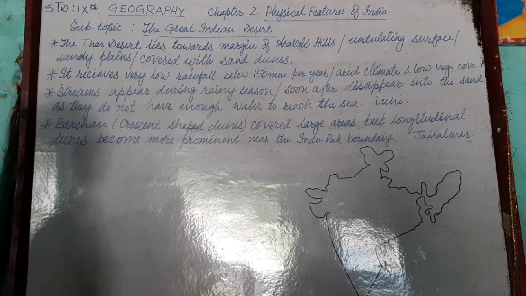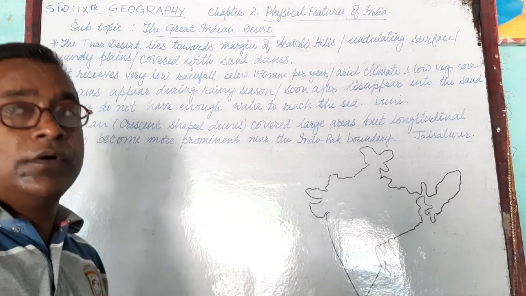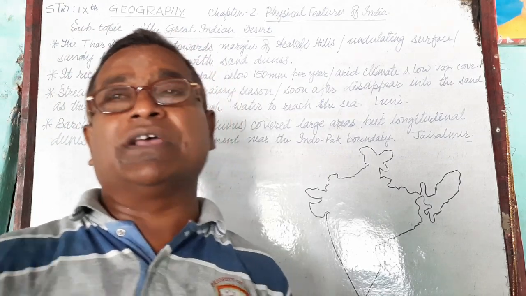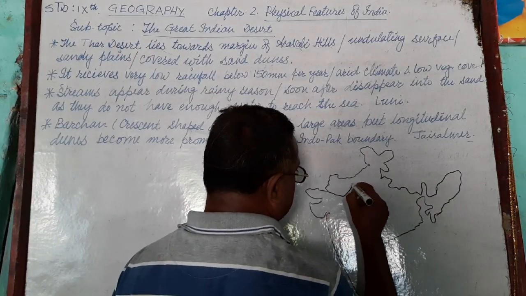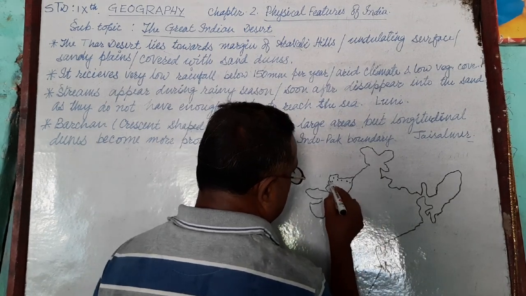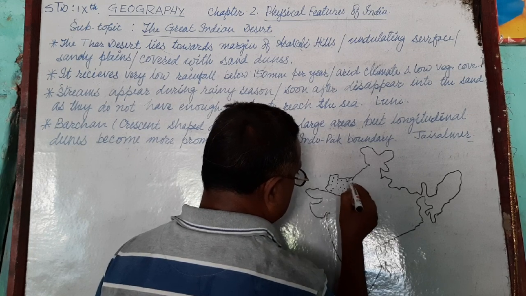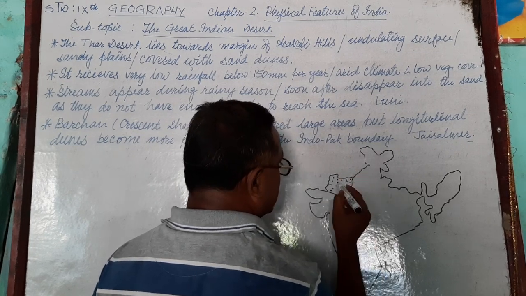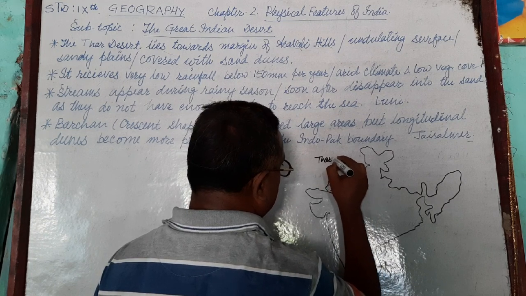First of all, the Thar Desert is situated in the western margin of the country, in these regions of India. This is the area where the Thar Desert is found.